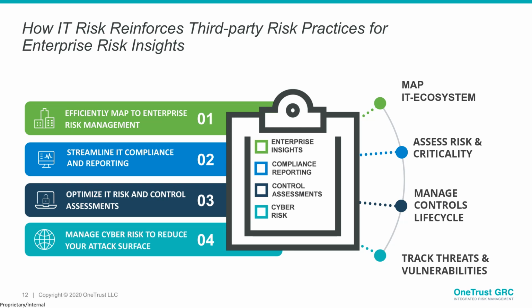Streamlining IT compliance and reporting. Optimizing IT risk and control assessments, both internally and externally, and then finally being able to manage cyber risk to reduce your attack surface. And that's a key thing to think about when we think about the expanse of our attack surface as we incorporate more and more third parties, fourth parties, fifth parties. The attack surface continues to grow as we incorporate more and more third-party products and services.